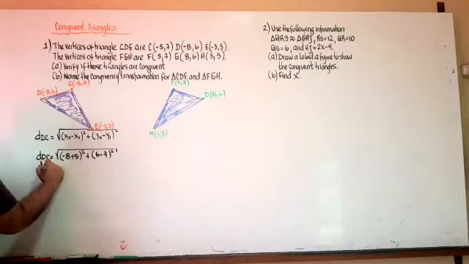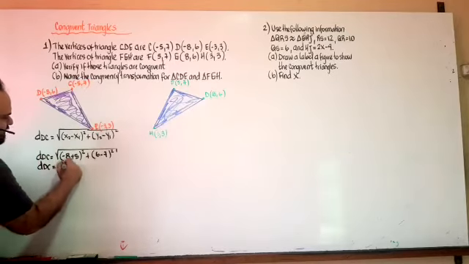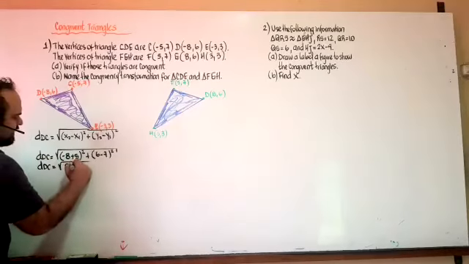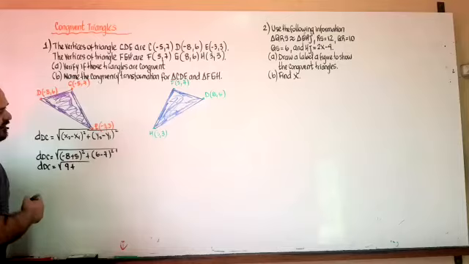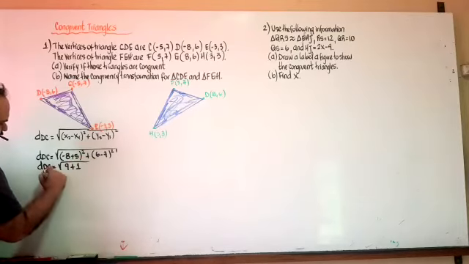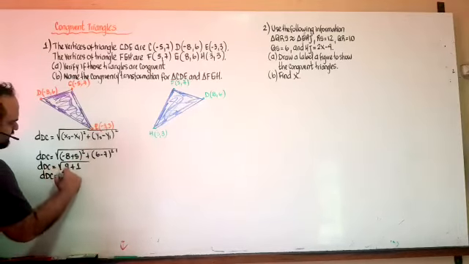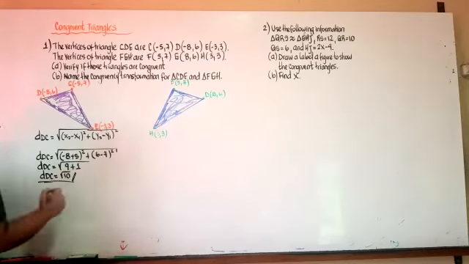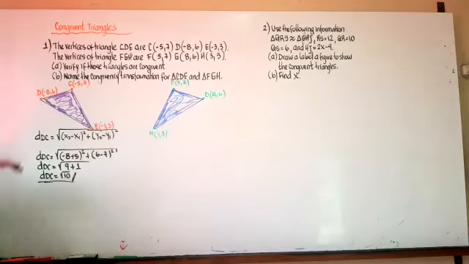So distance DC will be given by the square root of -8 plus 5, -3, -3 second power, positive 9, plus 6 minus 7, -1, -1 second power, positive 1. So we can conclude the measure between D and C will be square root of 10 units. We have the first distance, DC.